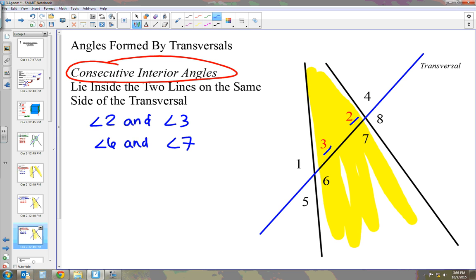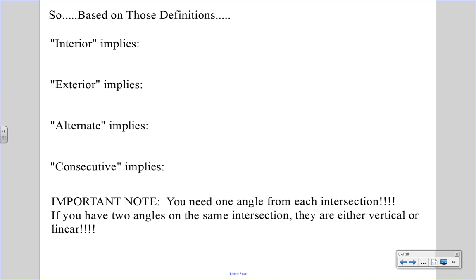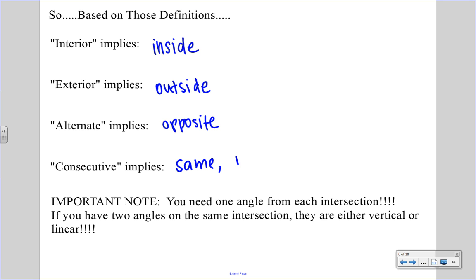Okay, so let's wrap this up. Let's think about what these words mean. Interior means inside. Exterior means outside. Alternate means opposite, and consecutive means same or next to. Also, this is an important note.